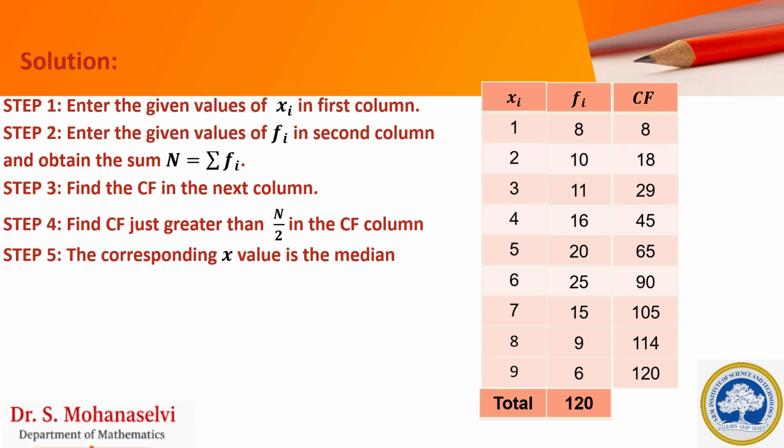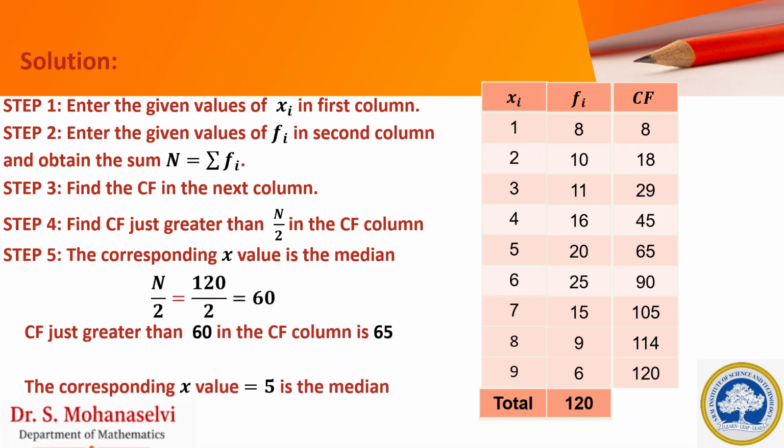Step 4 is to find the cumulative frequency just greater than N by 2. Here the total frequency is 120, so 120 divided by 2 is equal to 60. The cumulative frequency just greater than 60 in the cumulative frequency column is 65. So the corresponding x value is the median.